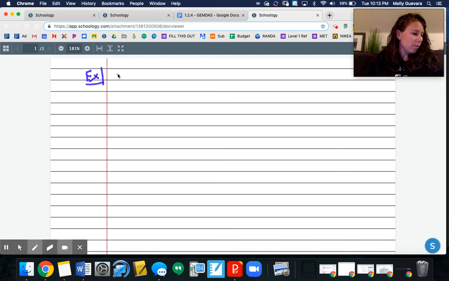Second example, again, we're going to be asked to simplify. And here's our problem. 5 times, and I'm going to use a square bracket here, so 5 times [2 minus (-3 plus 7) divided by 4], and then close the square bracket.